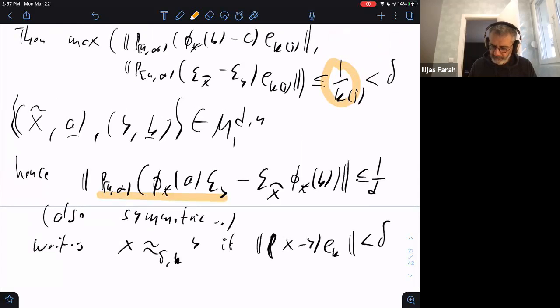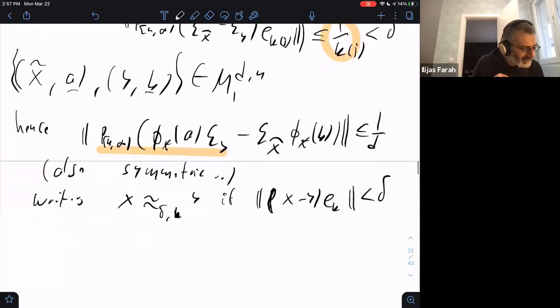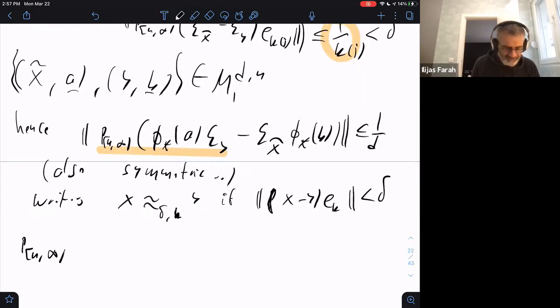I'll start with the right thing. So P_n infinity, phi star of A, Q, Qx tilde. Let's see.